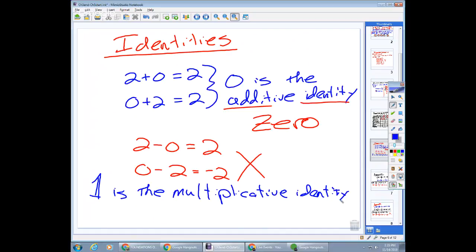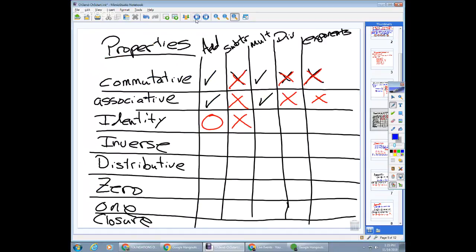Unfortunately, yes. It's good to know, but I don't know if school kids need to know that. That's debatable. So let's see, multiplication, and let's change some colors here. 1 is the multiplicative identity.